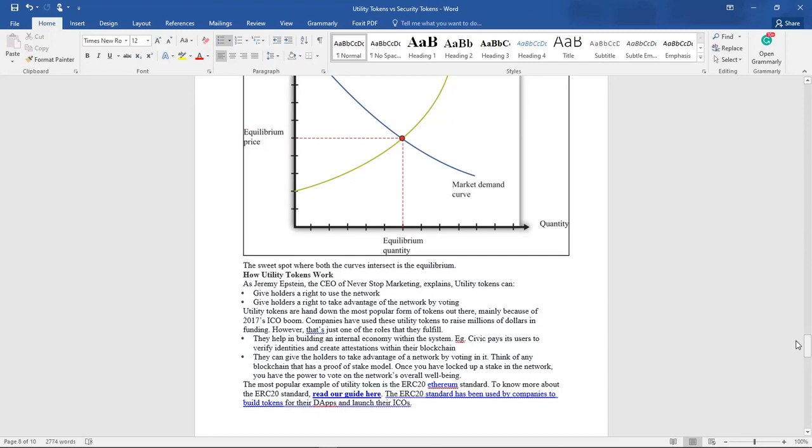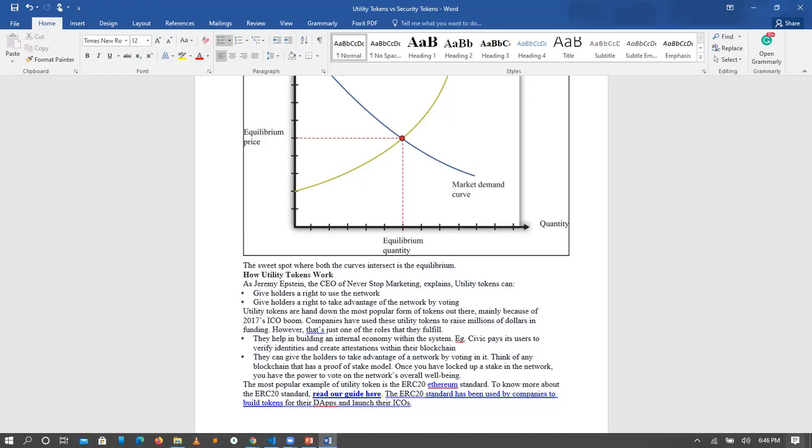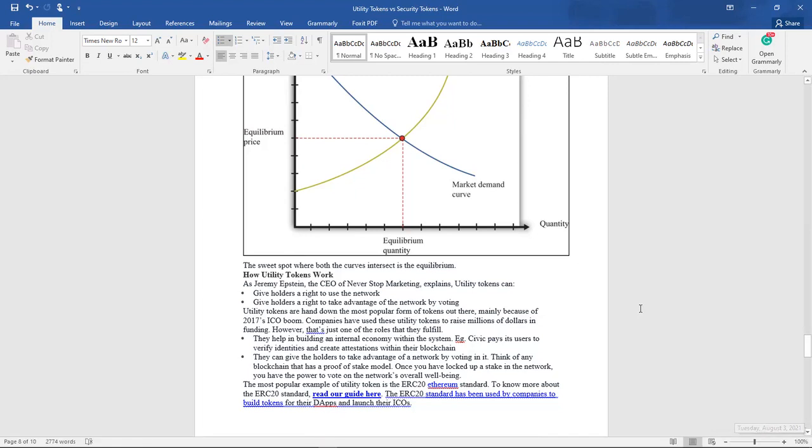The most popular example of a utility token is the ERC20 token, the Ethereum standard. To know more about it, I will explain if we have time. I have some notes on the different types of ERC20 tokens and how they work.